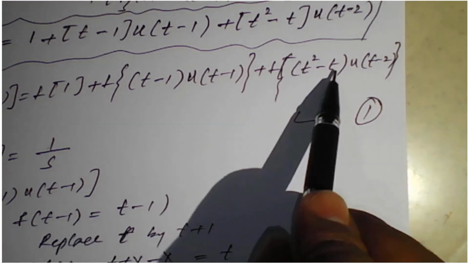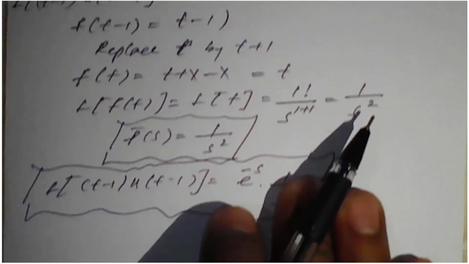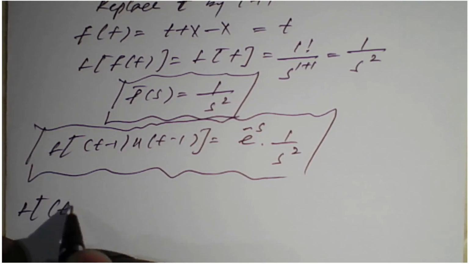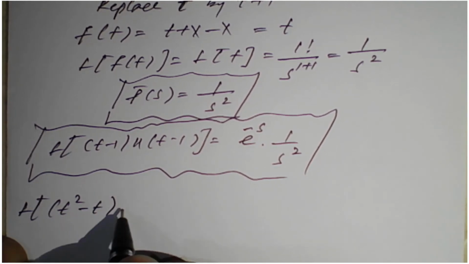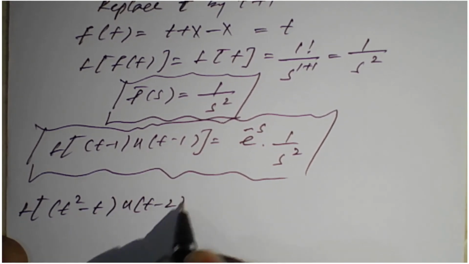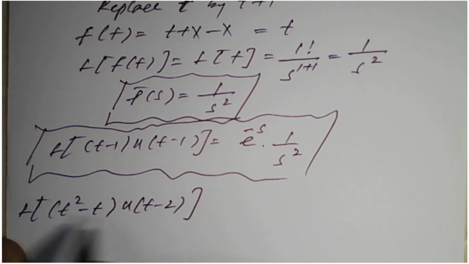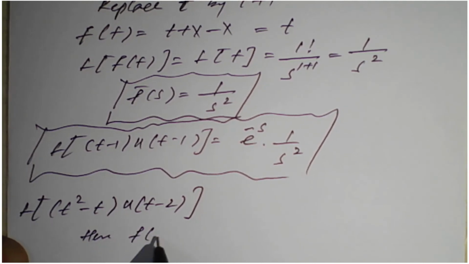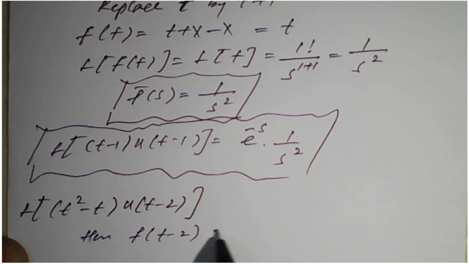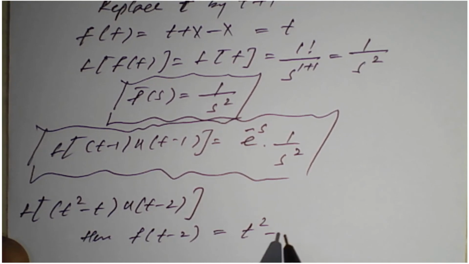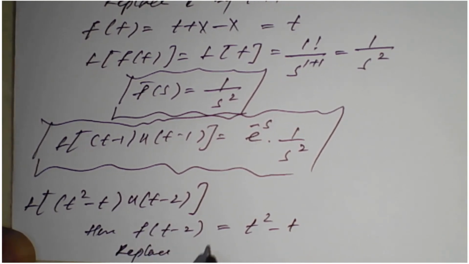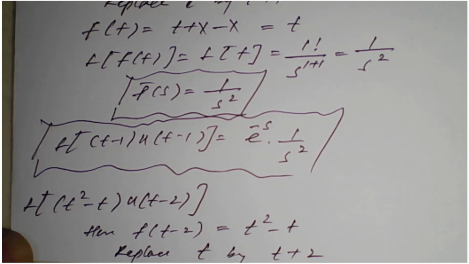Laplace transform of t square minus t into u of t minus 2. So Laplace transform of t square minus t into u of t minus 2. So here also we need to consider, so here our f of t minus 2 is nothing but t square minus t. So replace t by t plus 2, so that we'll get it.